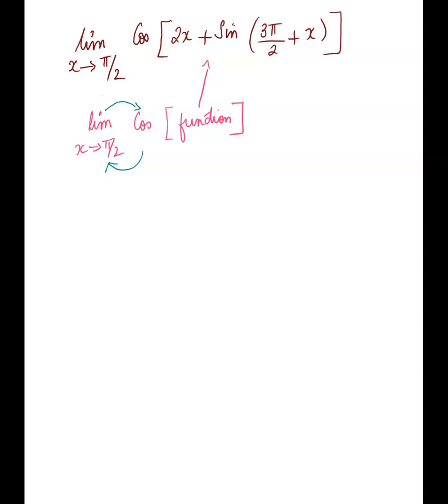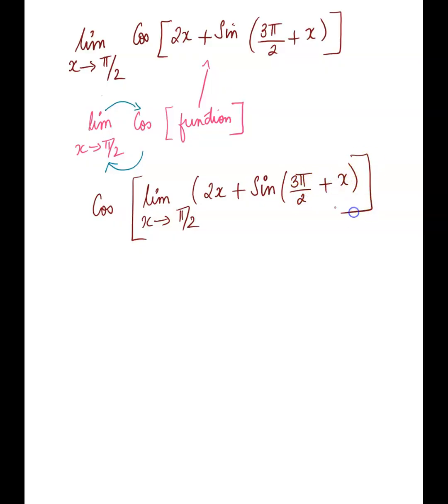So what this allows us to do then is bring the cosine out and send the limit in, because you can find cosine of a number, but how do you find cosine of this expression? So that's where this property comes in handy. This was the limit of composite functions, one of our continuity properties, right?